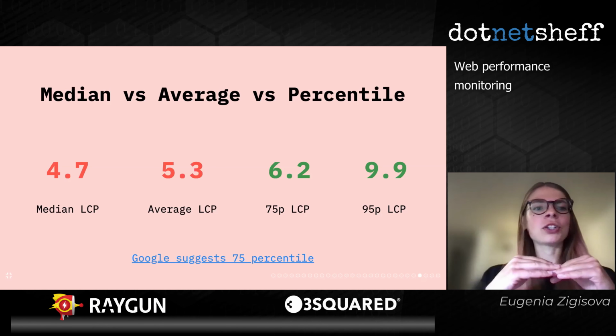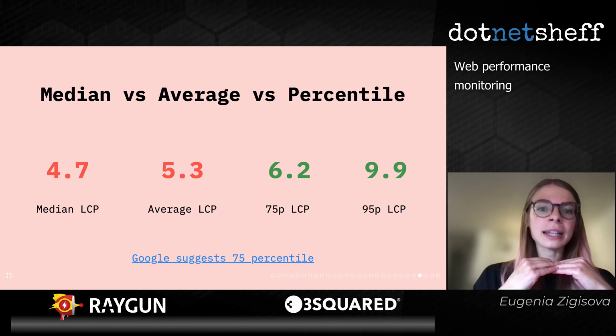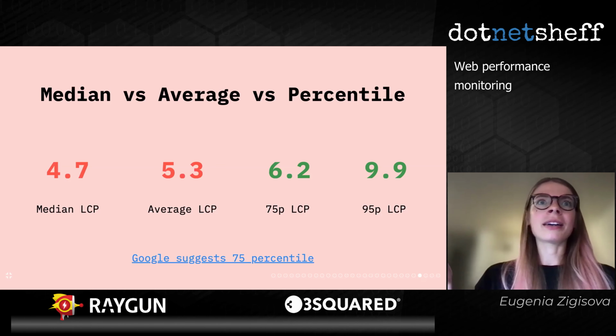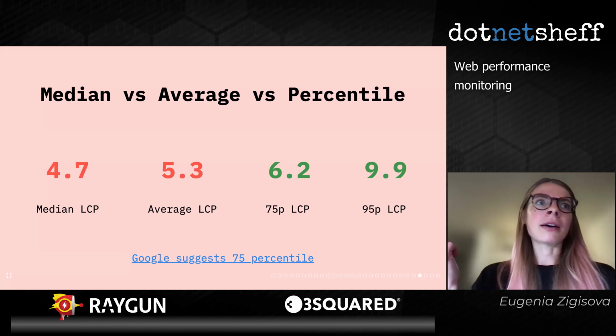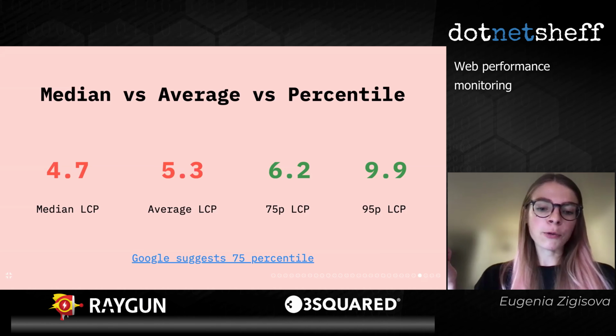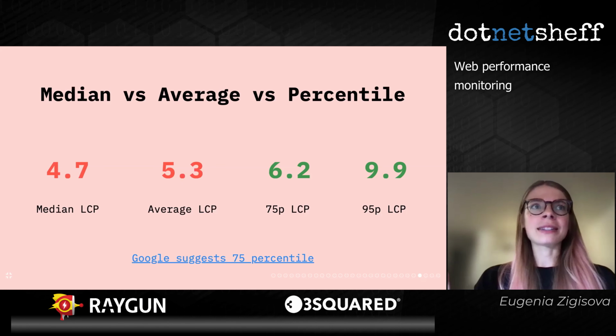And average is not a good measurement of the tendency, because even a single user with an extremely slow device can push the number up, and we will think maybe it's the experience of the majority of our users. However, it is not. A little bit better metric is the median, which shows us how fast the page is for 50% of our users.